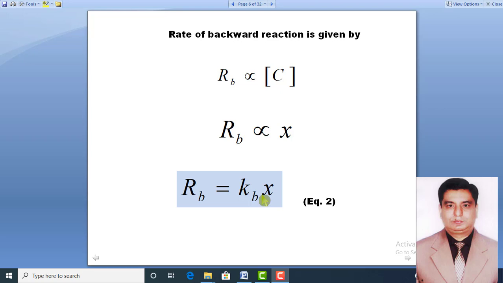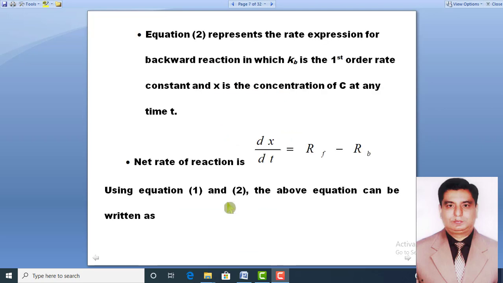Dear students, we have obtained equation number 1 and equation number 2. So now we will find out the net rate of reaction. To find out the net rate of reaction, we will write dx over dt as following, and this will be equal to the difference of the rate of forward reaction and rate of backward reaction.